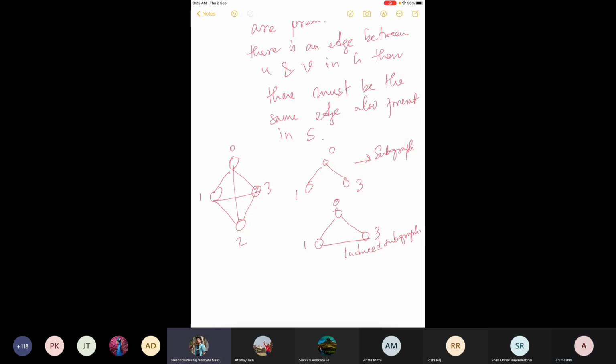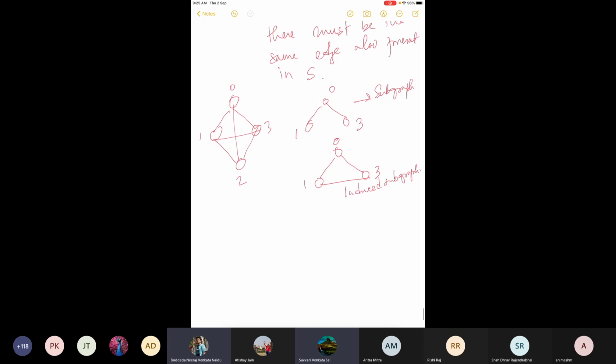Sir, I didn't get the difference between subgraph and induced subgraph. See, look at this graph. If I take a subset of three vertices, this is a subgraph by definition.